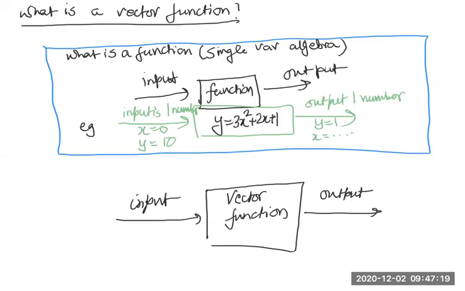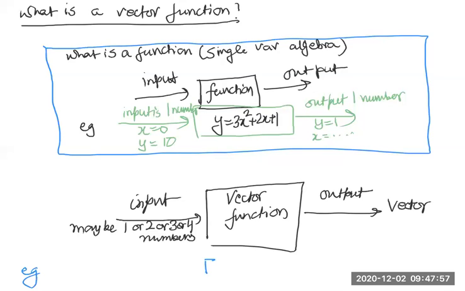The input that the vector function takes may be 1 or 2 or 3 or 4 numbers. But this is not important. Input is not important in a vector function. What is important is that the output will always be a vector quantity. And again, nothing better than an example to explain.